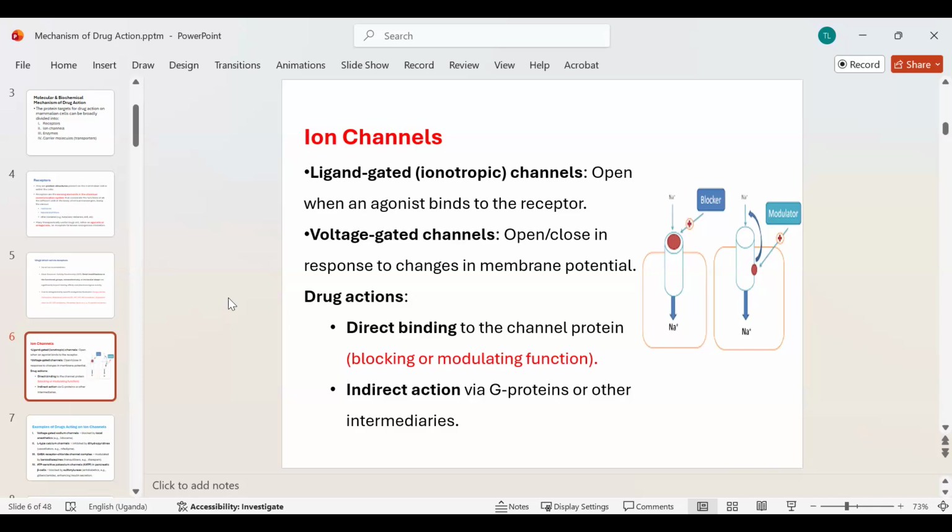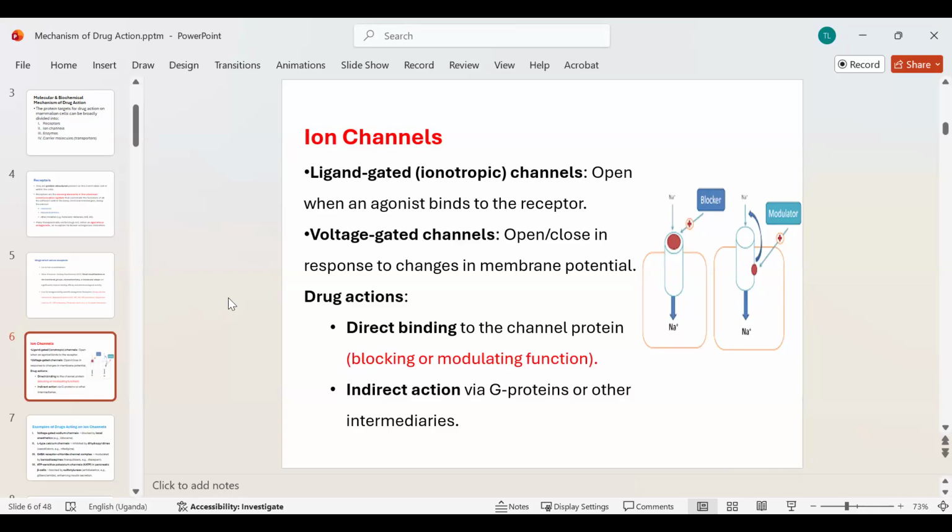So you can easily get to know the name when you look at it. It has several nomenclatures, like ligand-gated ion channel, ionotropic receptors, ligand-gated ionotropic ion channels.